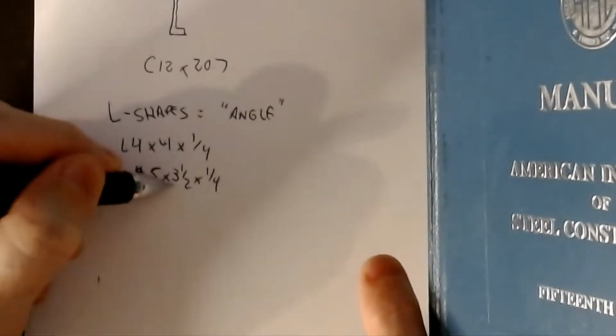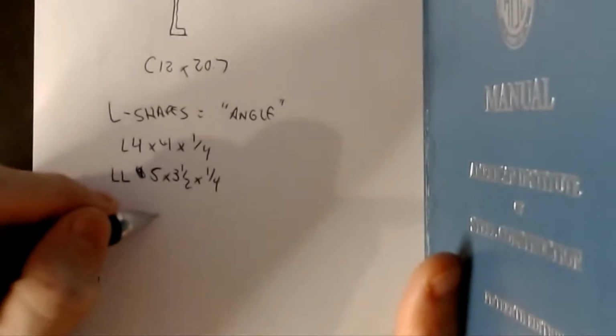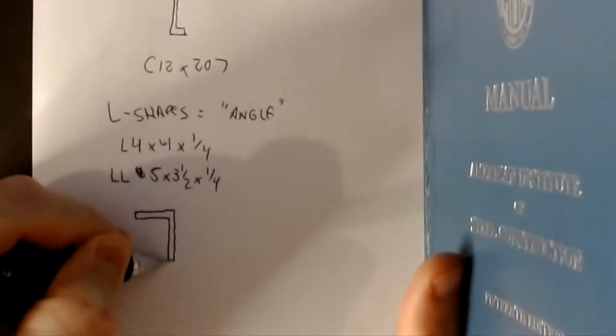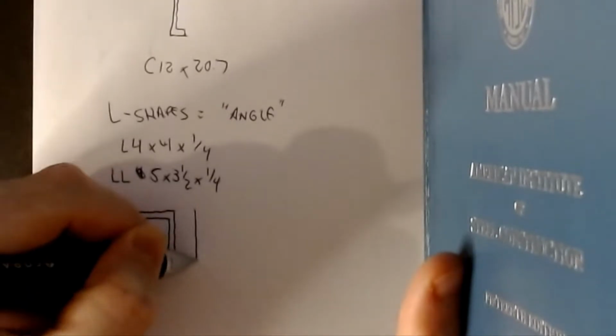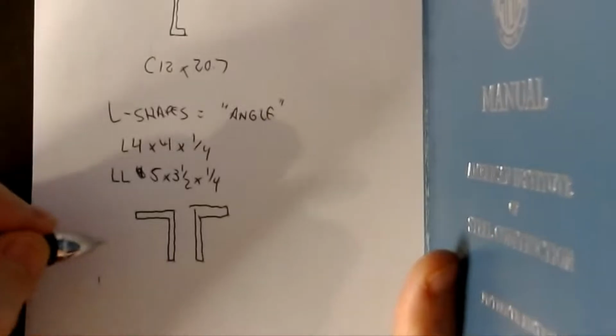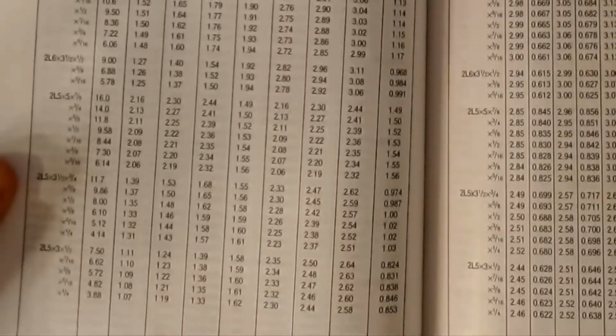So if we look at a 5 by 3.5 by quarter, what that means is that my angles on this consist of two angles that are separated by a gap.